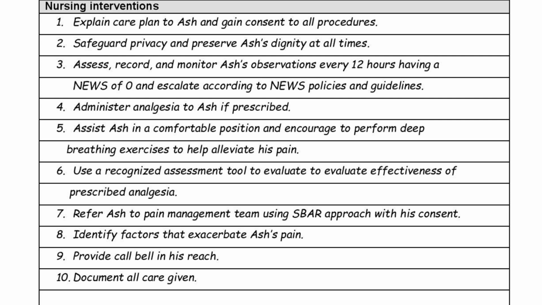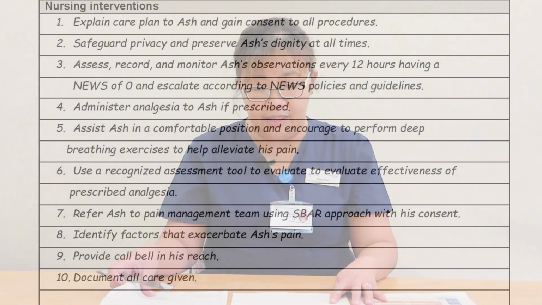Then you can refer the patient to a pain management team using the SBAR approach with the patient's consent as well. Then make sure at the end that the call bell is within reach of the patient, and finally you can do the documentation.